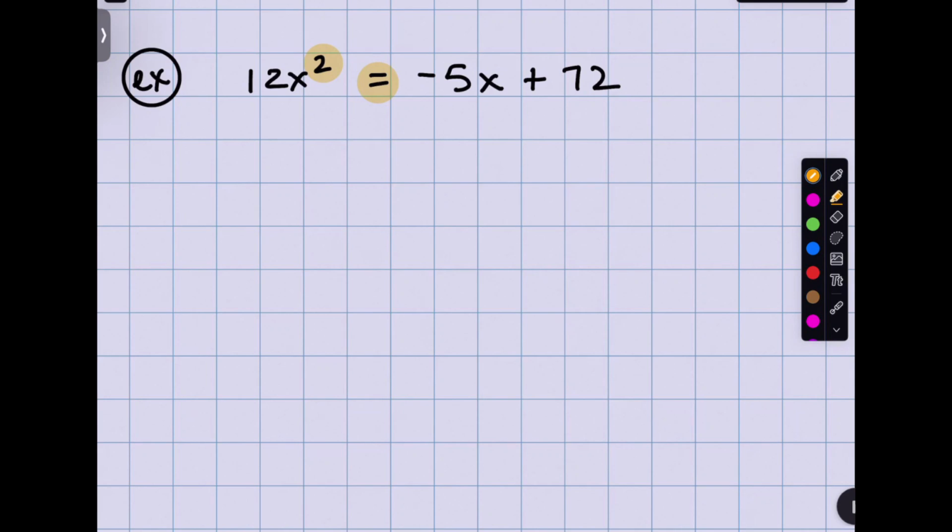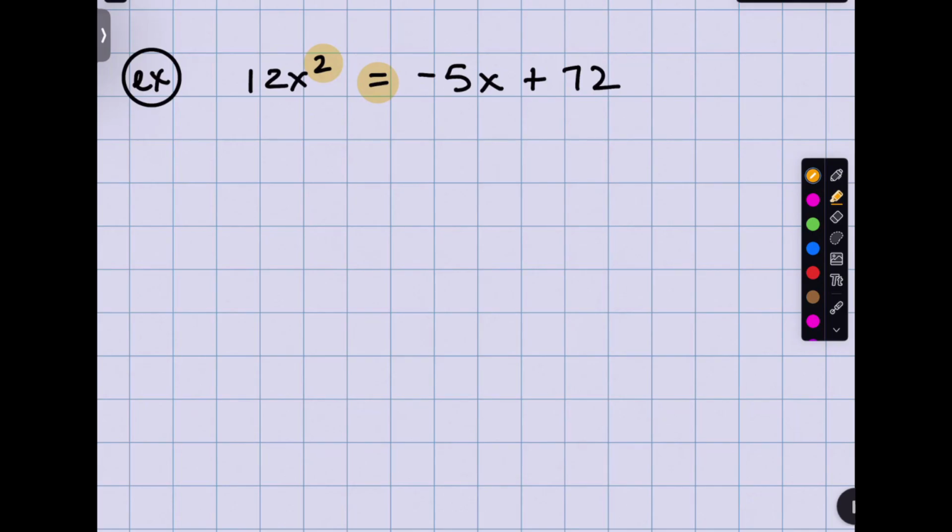Do we ever want x squared to be negative? No. We always want the x squared term to be positive. So we never want to move the 12x squared to the right side and make it negative. We always want to keep that x squared term positive, because in all the factoring that we've done, the x squared term has never been negative.